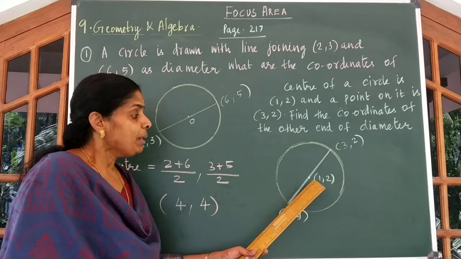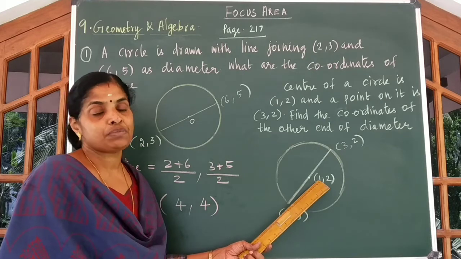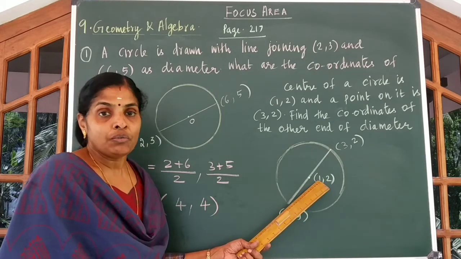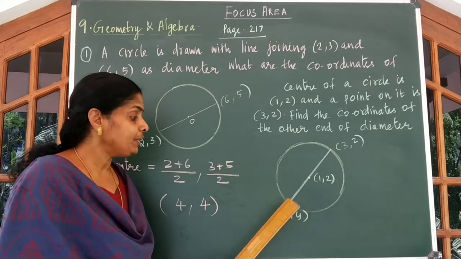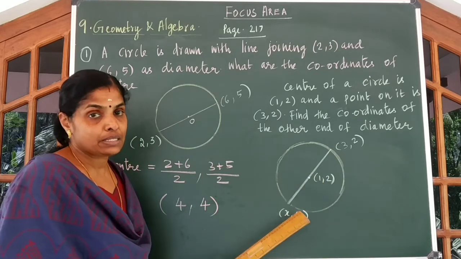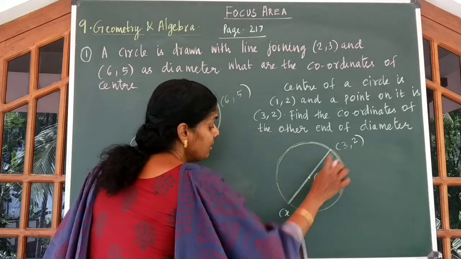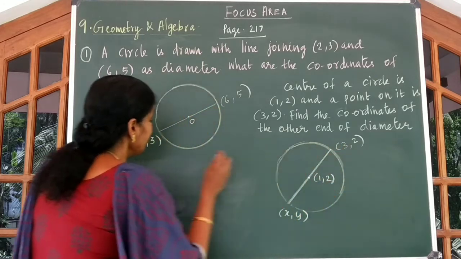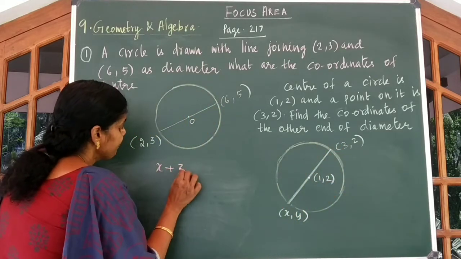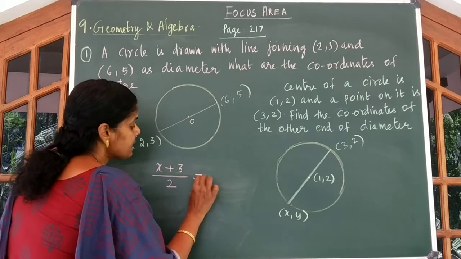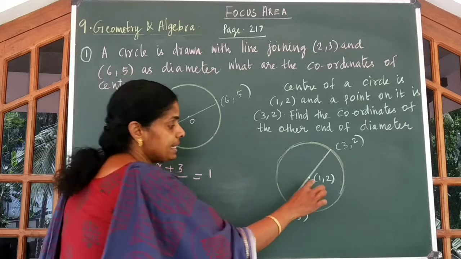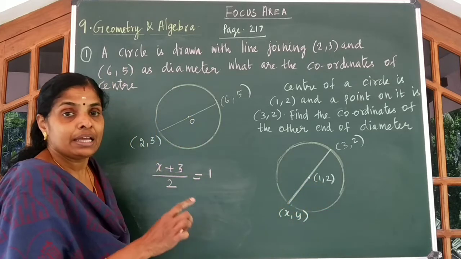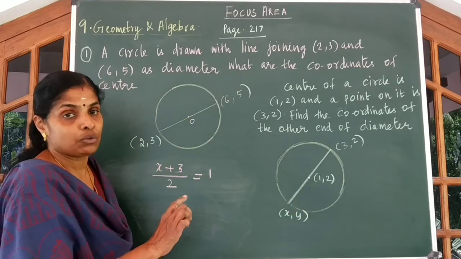We know midpoint is equal to ((x1 plus x2) by 2, (y1 plus y2) by 2). Let us use this idea to get the answer for x, y. We can say (x plus 3) divided by 2 is equal to 1, because we know the center is given by (x1 plus x2) by 2.